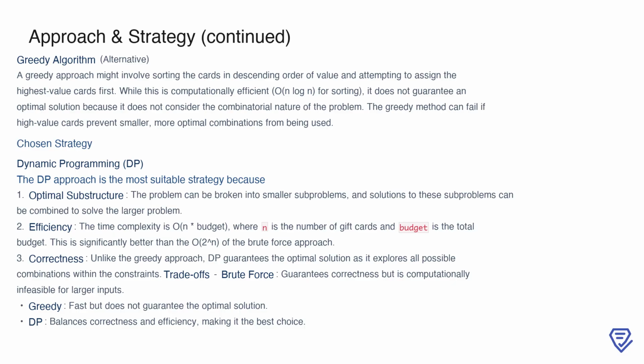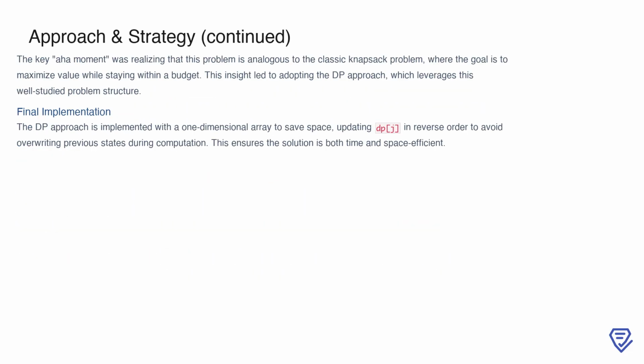The breakthrough insight for this problem is recognizing its similarity to the classic knapsack problem. Both involve maximizing value while staying within a given budget or capacity. This realization allows us to adapt the well-studied dynamic programming solution for knapsack problems to our scenario. The implementation uses a one-dimensional array to save space, where dp[j] represents the maximum value achievable with a budget j.